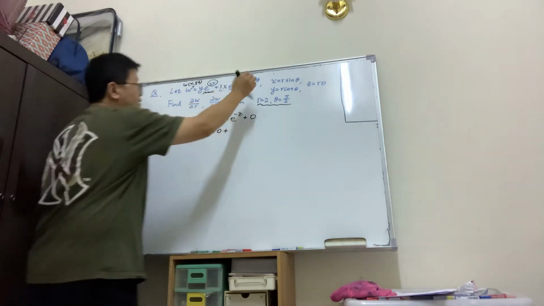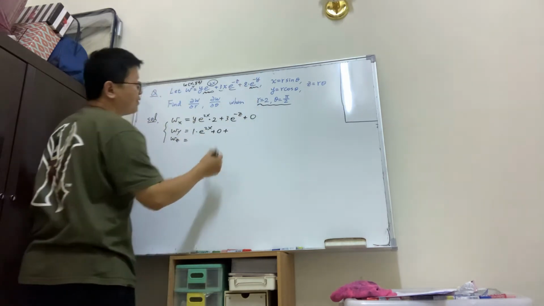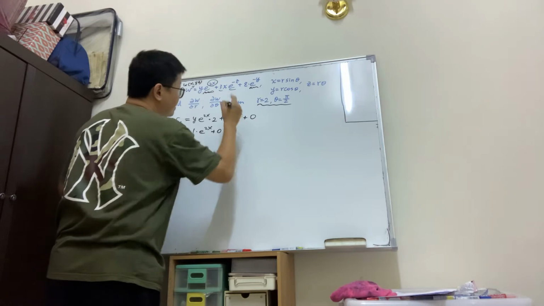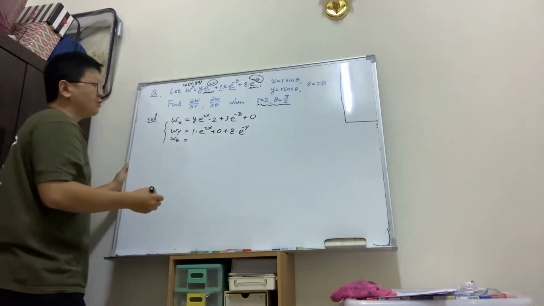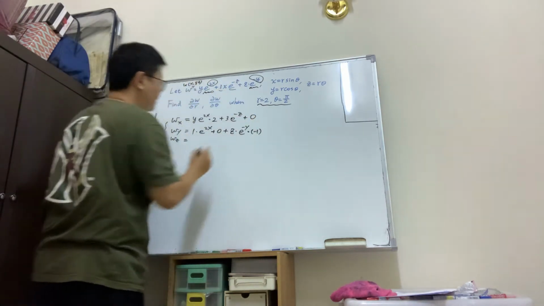Next term, this term is constant, keep it. The exponential of negative y has derivative itself, but you also need to multiply by the derivative of the inside. So negative y has derivative negative 1. This one.